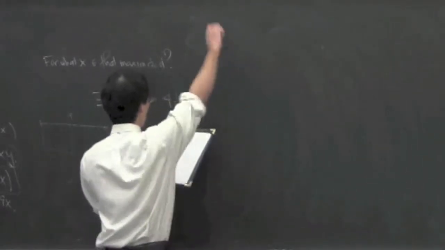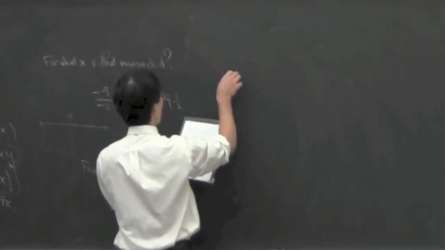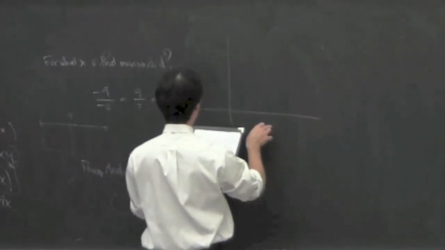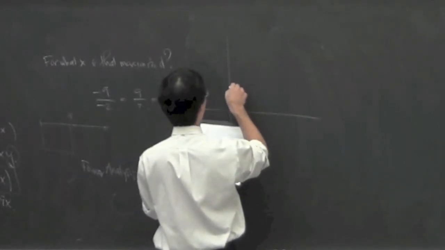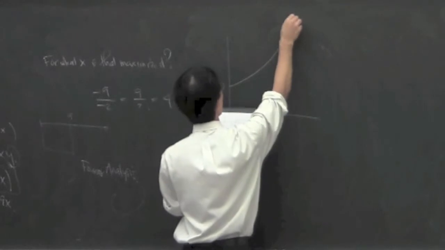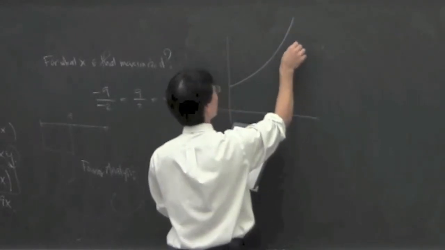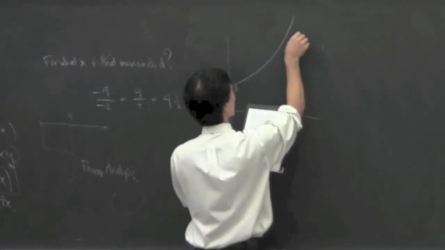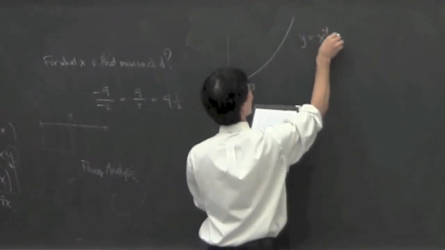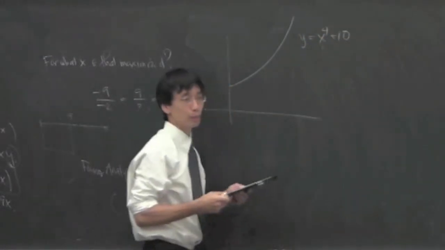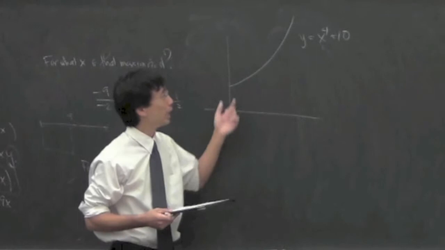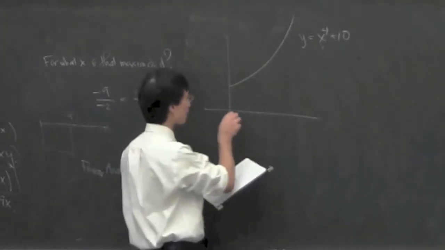Okay, let's do two more examples. I think this might be an example in your book. You've got two roads. For some reason, somebody has built roads according to mathematical formulas. The first road follows y equals x to the fourth plus 10.